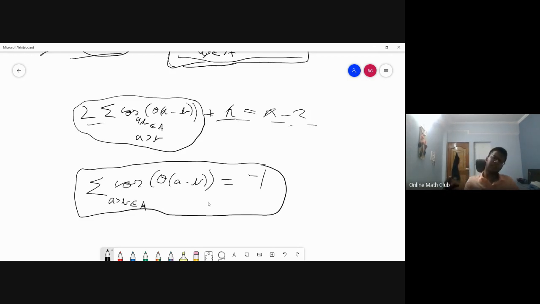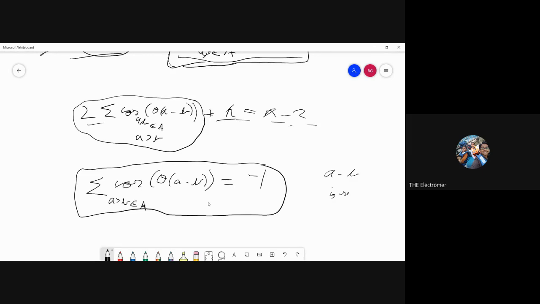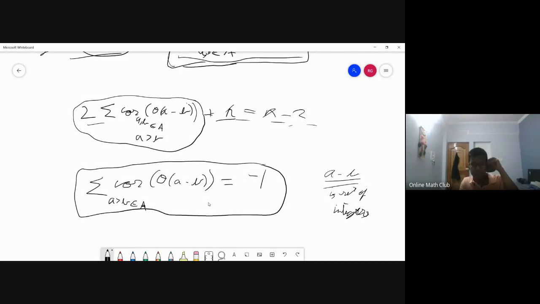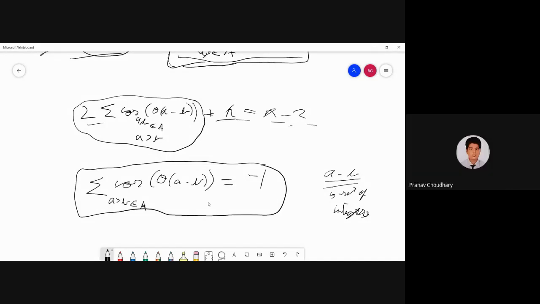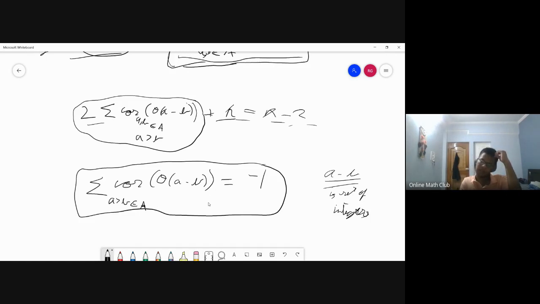Can I do something really silly? A minus b is a set of integers, right? It's a subset of Z. Let's say, if there were x odds and y evens, then there are total xy of these, out of x plus y choose 2 pairs a, b.